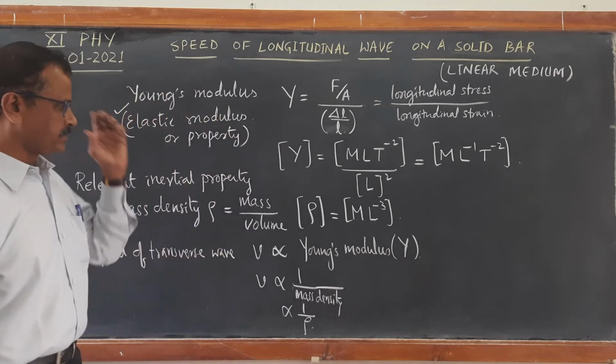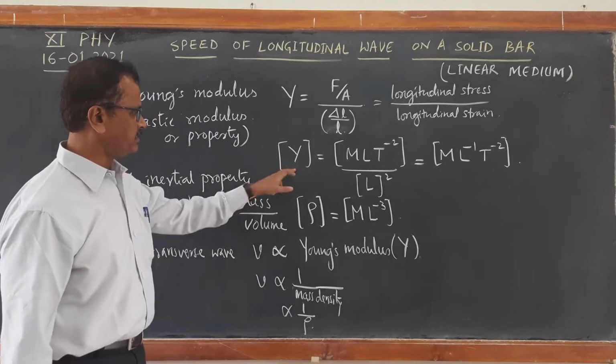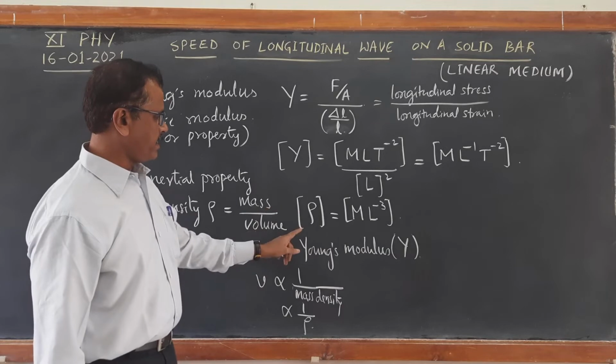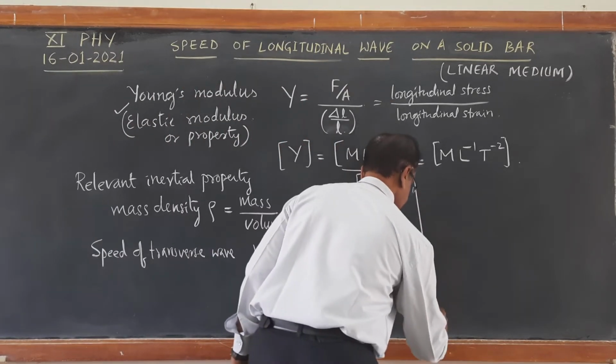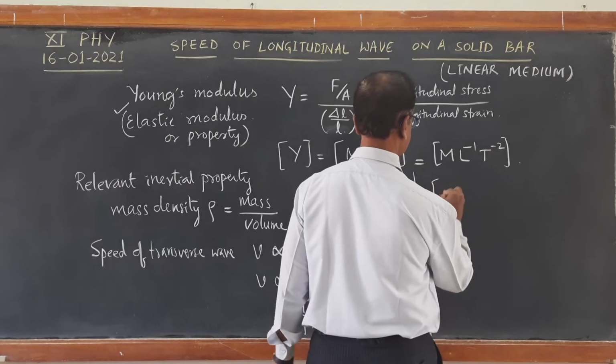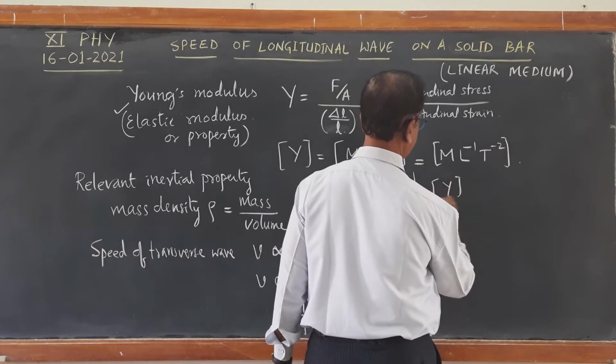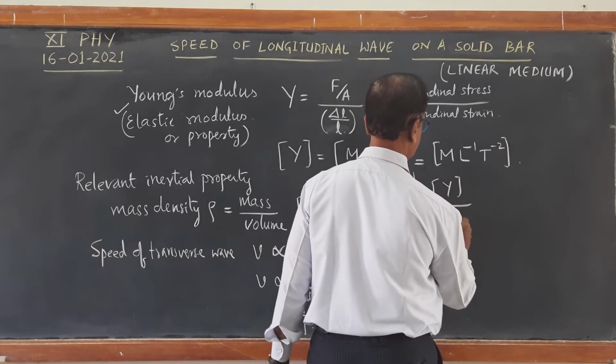By careful observation, if you take the ratio of these, Y by rho, the dimensions of Y divided by the dimension of rho.